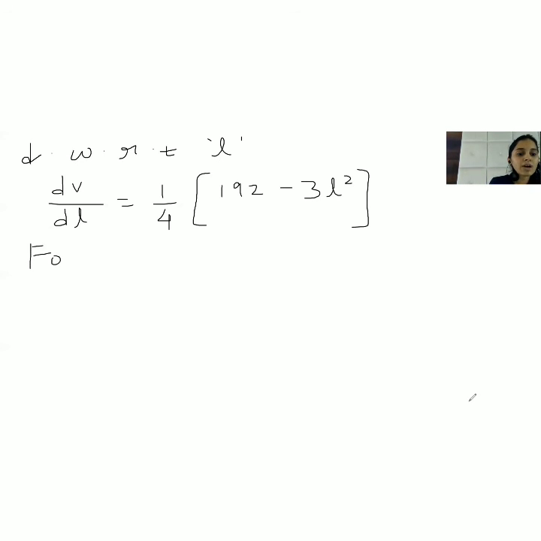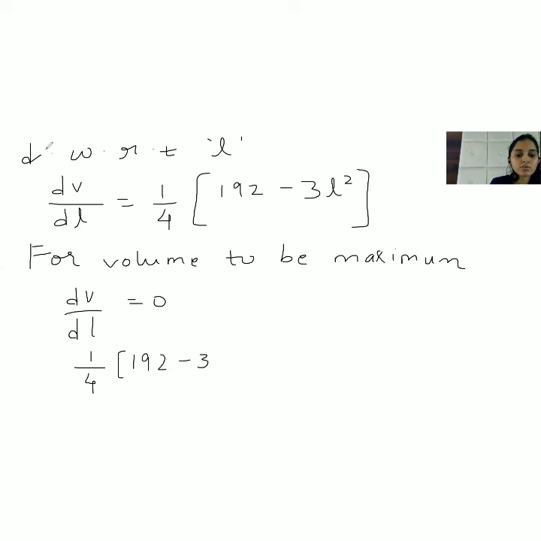For volume to be maximum, dV by dL is equal to 0. So we have 1 upon 4 bracket 192 minus 3L square equal to 0.